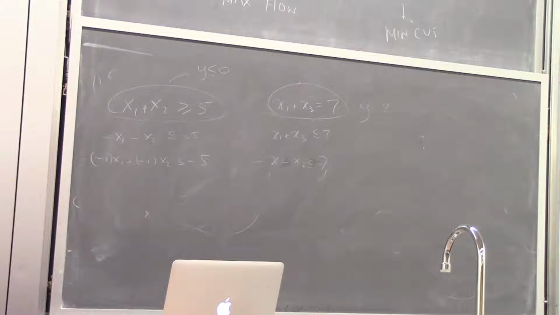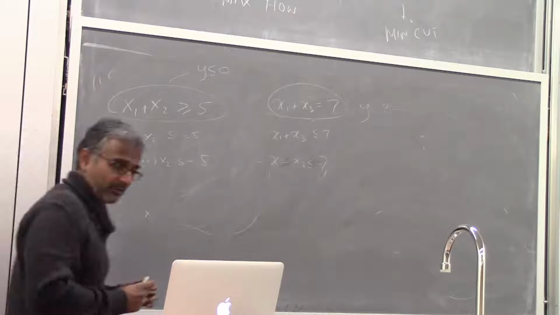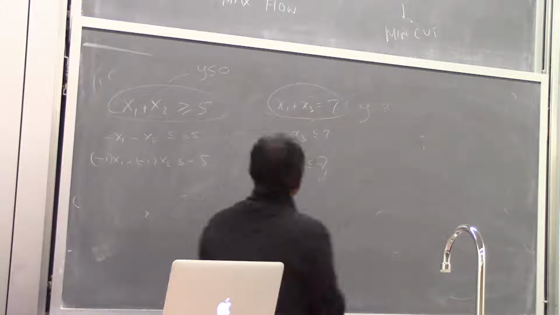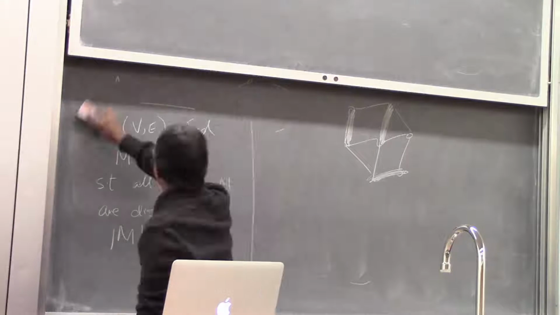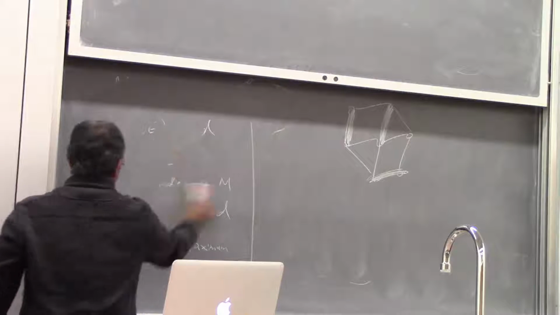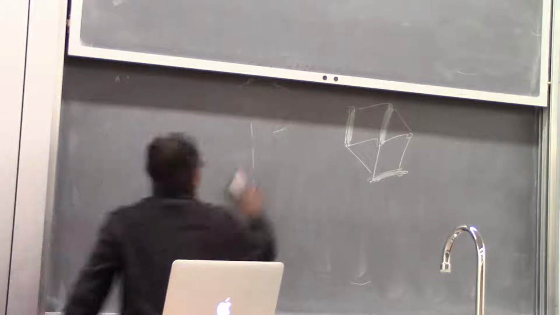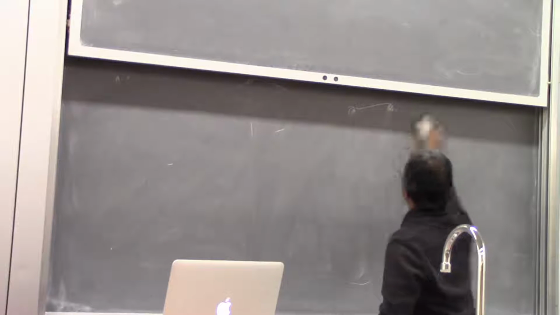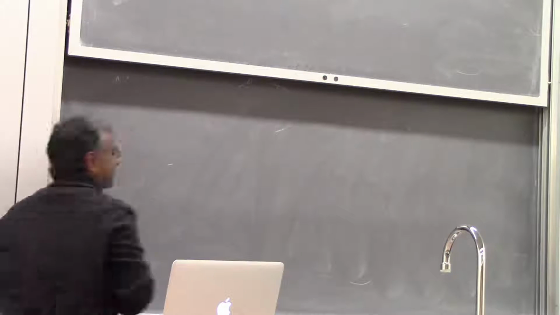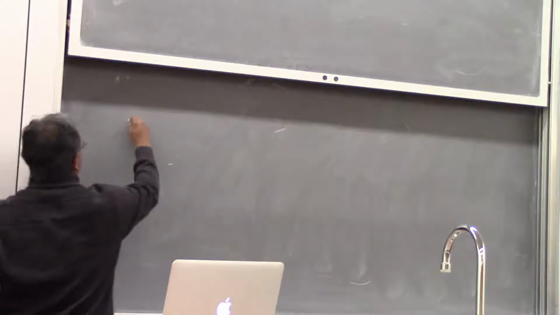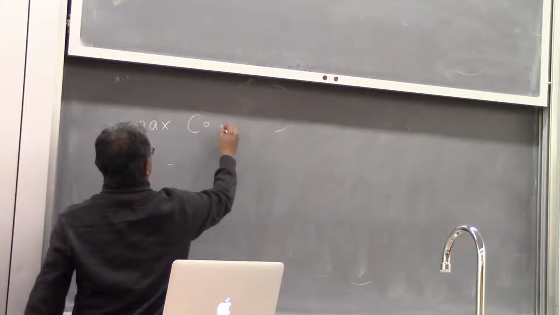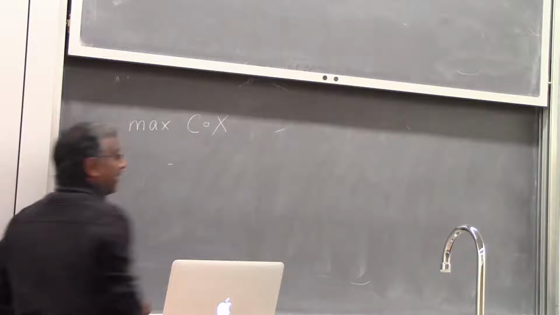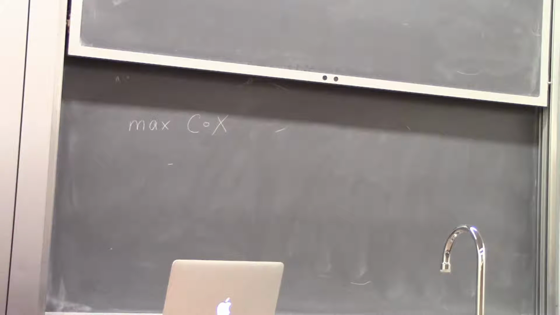And so again, the thing I want to emphasize with semi-definite programs as opposed to linear programs is the way to think about them. And again, this helps you do some pattern matching here. So we said that a semi-definite program looks like the following. Again, it's like a linear program. You want to maximize some linear function of the input, but now my input is a matrix of variables, not just a vector of variables.